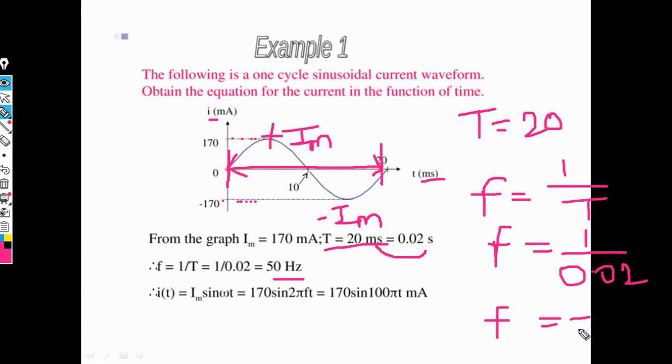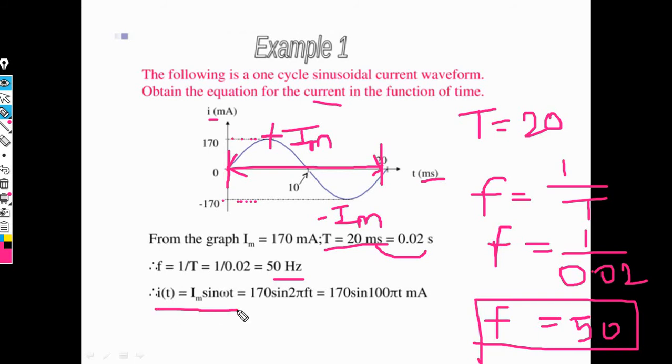So the frequency is f is equal to 50. Now we have to obtain the current, and the formula of current is i of t is equal to Im sin omega t, because we have considered the waveform starting initially from 0, so we have taken sine, that is sin omega t.